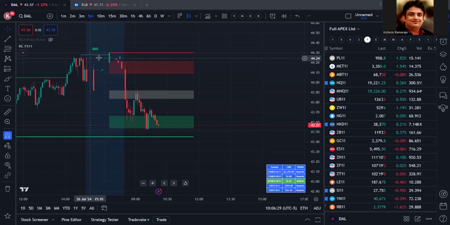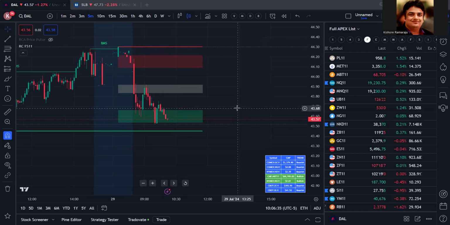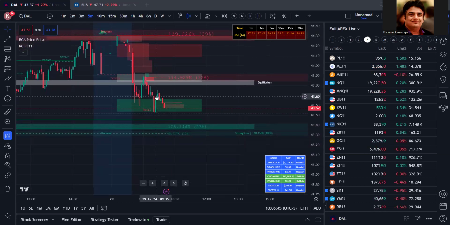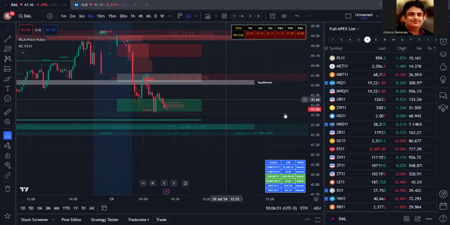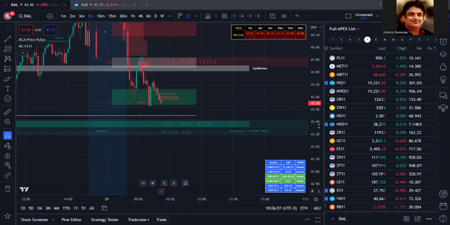Then you see that overall it is bullish. It came all the way to the bottom, touched the bottom area. So if it comes and touches this one, then it is a much better opportunity. Why? Because we have some huge buy order blocks here. So if price comes and touches this one, then it can go all the way to 43.90. So we can give some more time to enter calls with Delta Airlines.